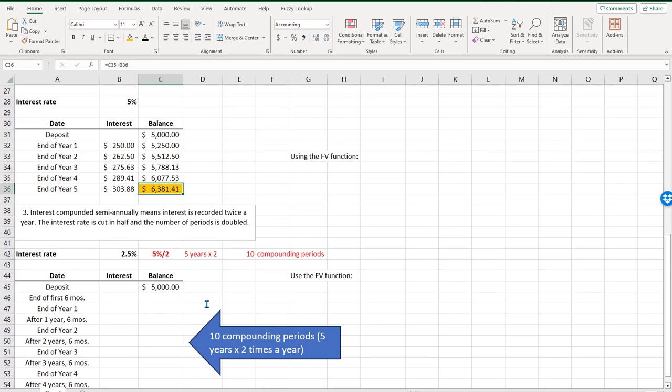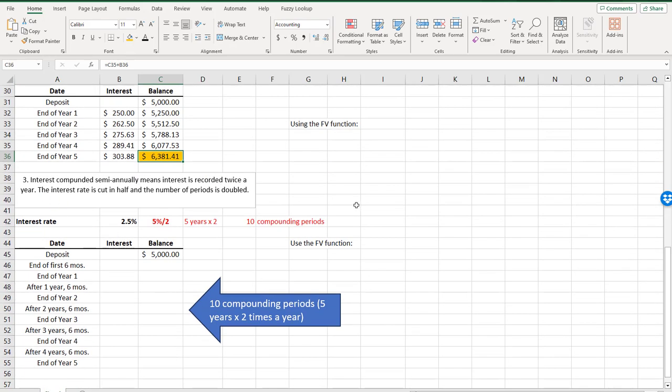All right, now let's see what happens when interest is compounded semi-annually. This means that interest is recorded twice a year. So when you have interest compounded more often than once a year, then there's 2 things that you do. You take your interest rate and divide it by the number of compounding periods per year.